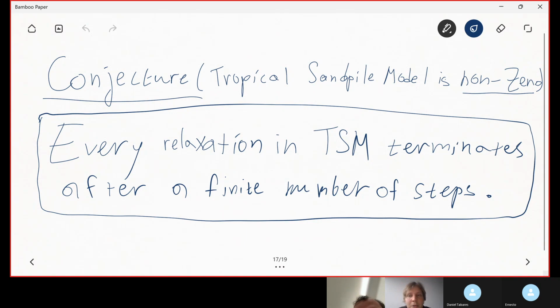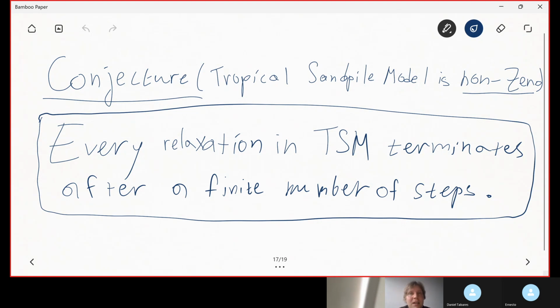I suggest to say that the tropical sandpile model is non-Zeno. Zeno, as the Greek philosopher, and this is a terminology in some dynamical systems, says that your process doesn't go forever. The Zeno phenomenon is something which is in principle finite, but it takes infinitely many tiny steps that get smaller and smaller.